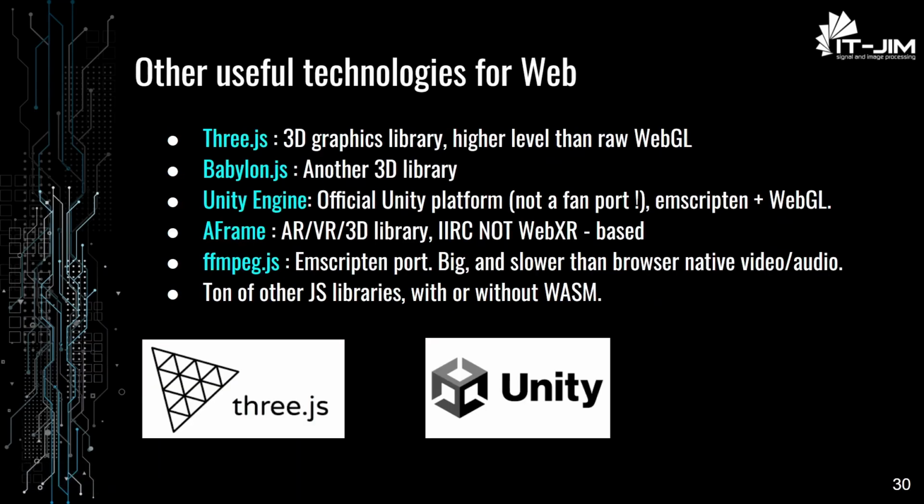Other useful technologies for the web. Three.js is a popular three-dimensional graphics library, higher level than raw WebGL, but lower level than game engines. Babylon.js is another similar library. Unity engine: nowadays, it's not some kind of fan port, but an official Unity platform with WASM and WebGL. If you install Unity engine on your computer, it suggests you do web builds very easily.